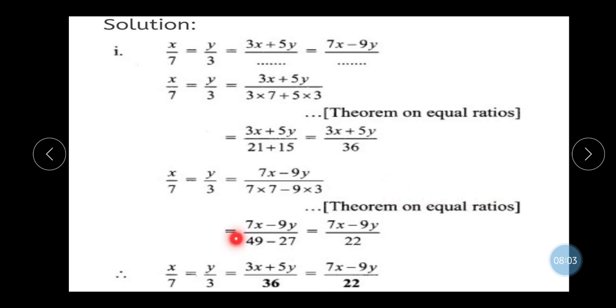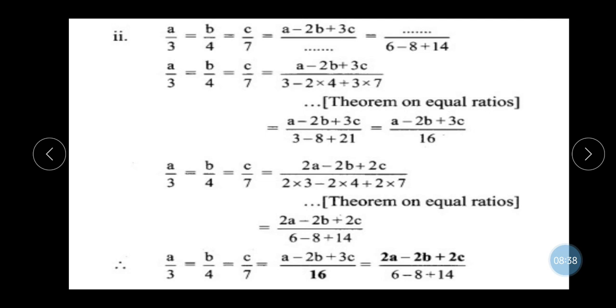So 7 sevens are 49, 9 threes are 27. 49 minus 27. That will give us (7x minus 9y) upon 22. Final answer: therefore, x upon 7 is equal to y upon 3 is equal to (3x plus 5y) upon 36 is equal to (7x minus 9y) upon 22.